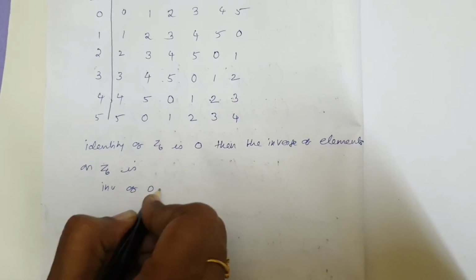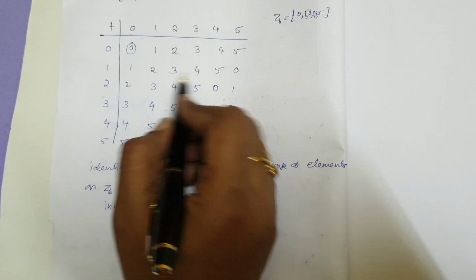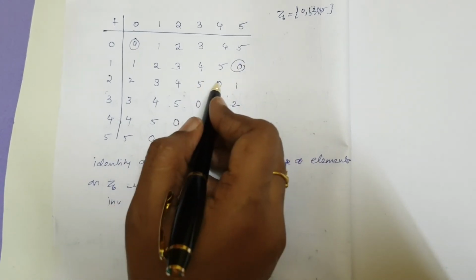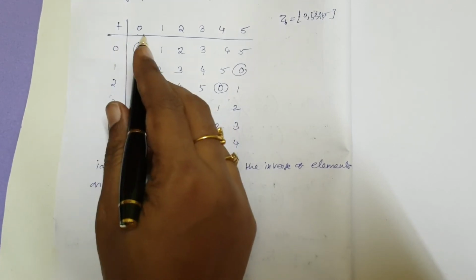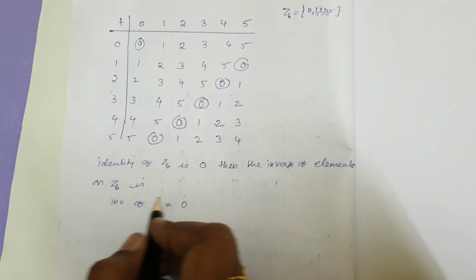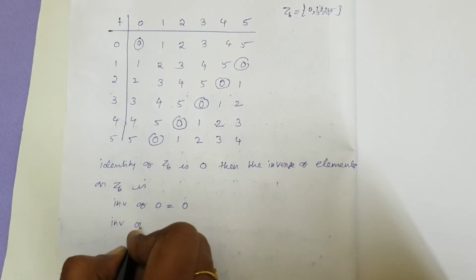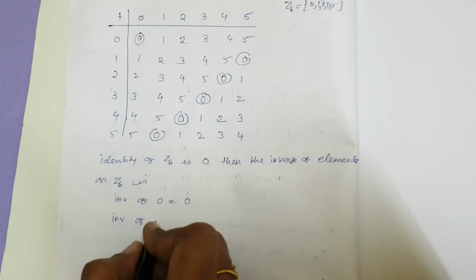Inverse of 0: the identity element is 0. So for 0, the identity element is 0, and the inverse of 0 is 0.